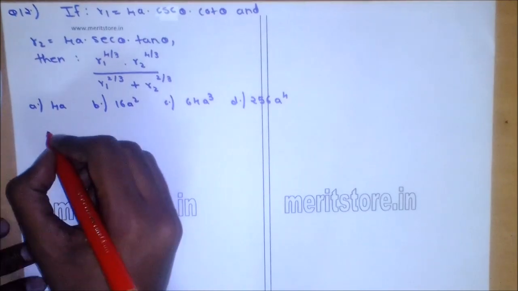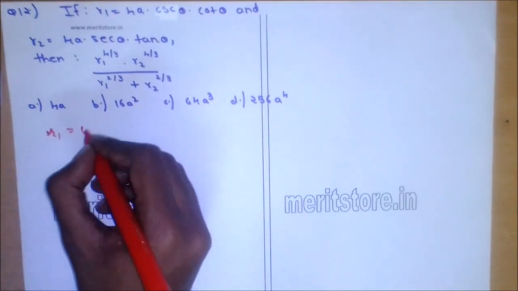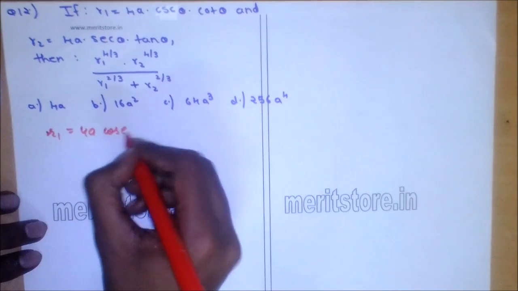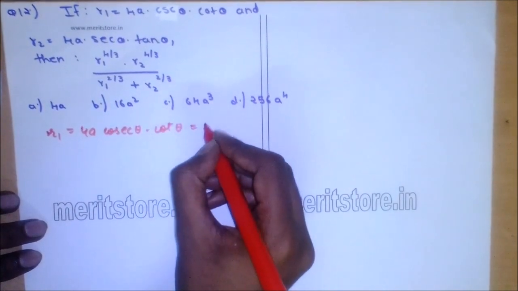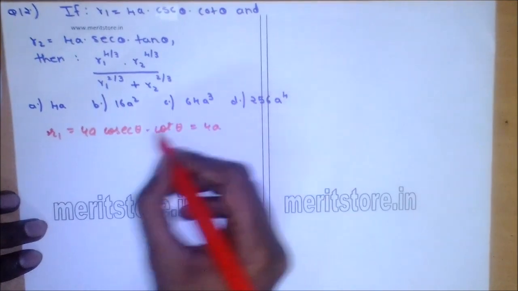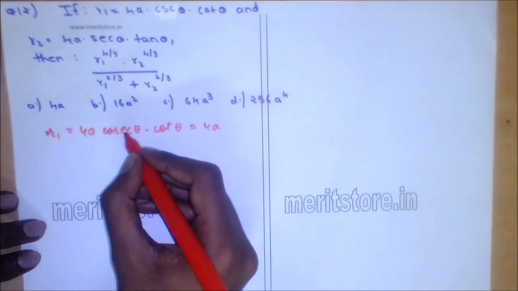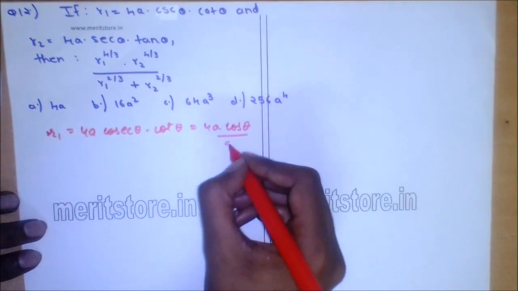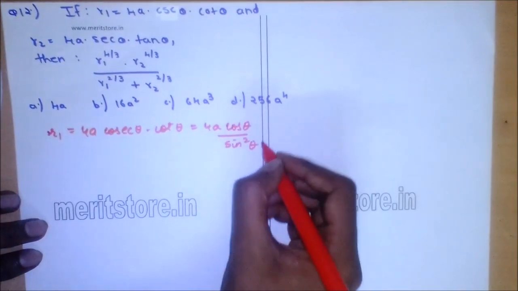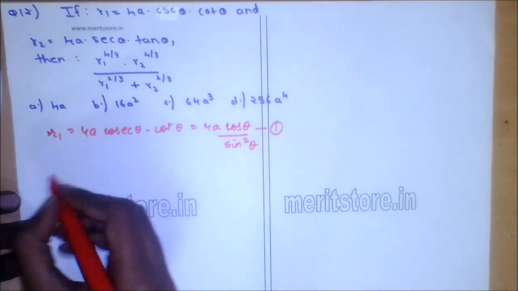So firstly, R1 is 4a cosec theta cot theta, that is 4a, this is cos upon sine and this is 1 upon sine. So we can write this as 4a cos theta upon sine square theta. Let this be equation 1.